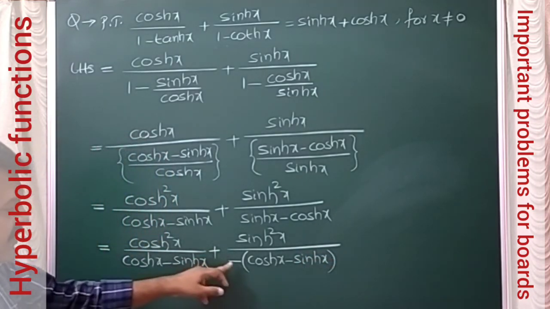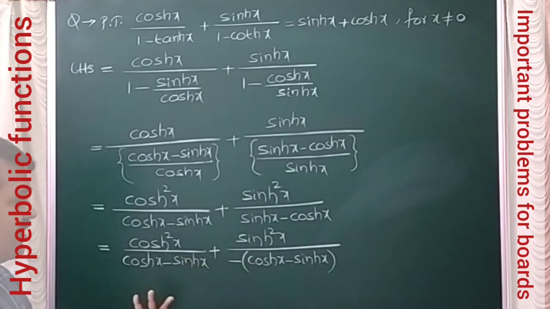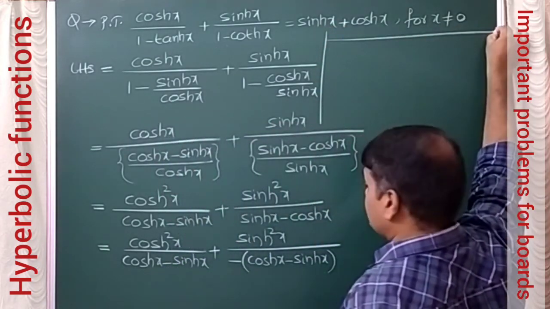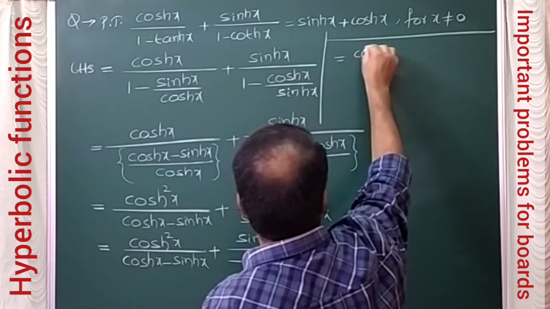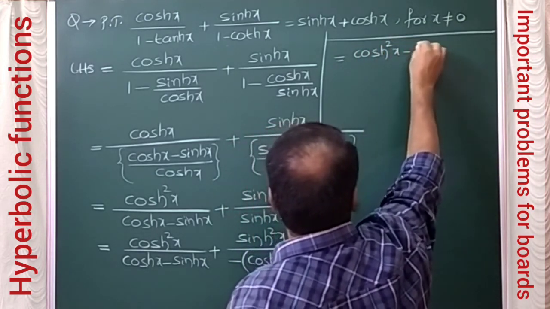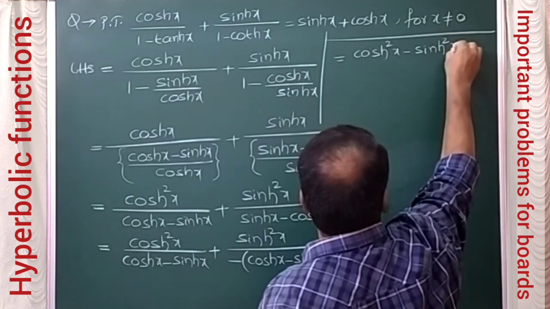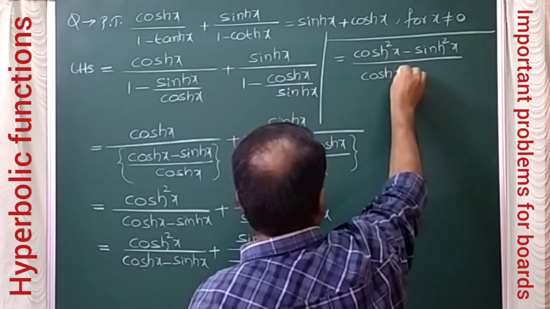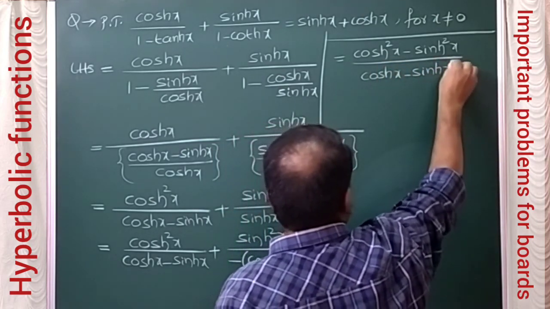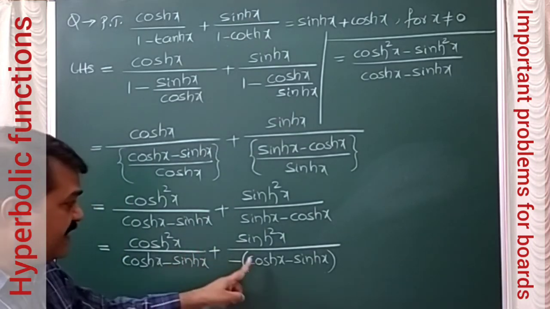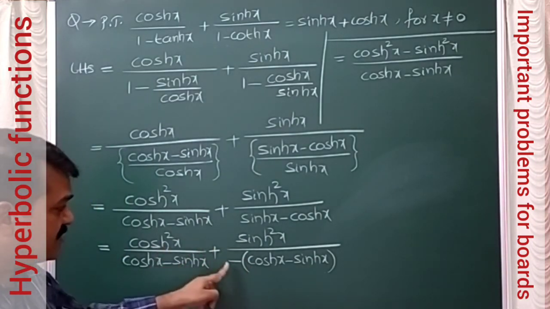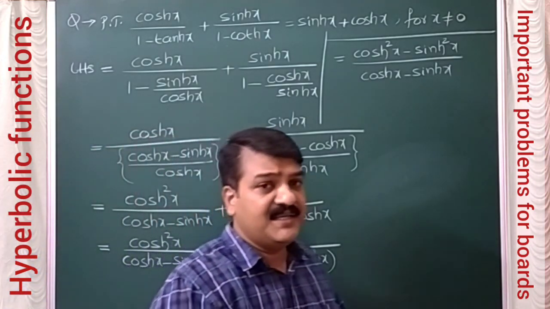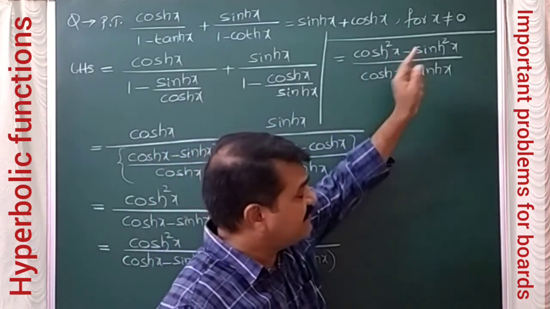Now clearly this plus into minus anyhow becomes minus, and the denominator will be common now. So if you take the denominator common now, we will get cos h square x minus sin h square x by the denominator cos hx minus sin hx. Now the numerator is clearly in a square minus b square form.